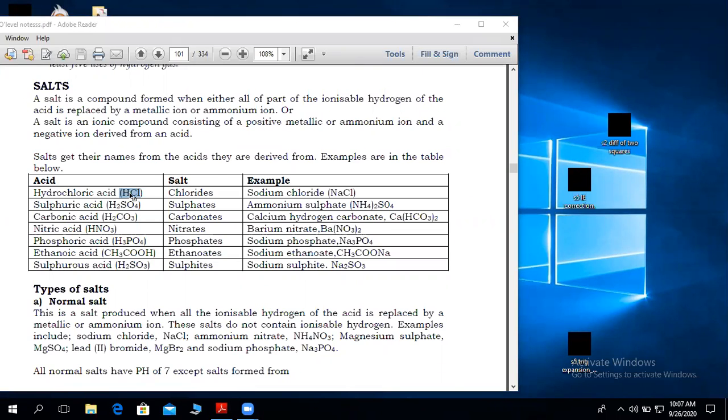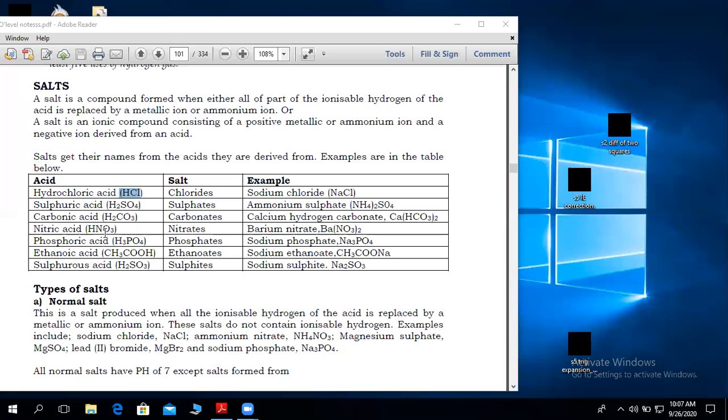For example, hydrochloric acid has only one hydrogen. So that means if a metal ion or ammonium comes, it will replace all the hydrogen because it is only one. So there is nothing that remains when this hydrogen is replaced. So acids which have only one hydrogen atom form only normal salts.